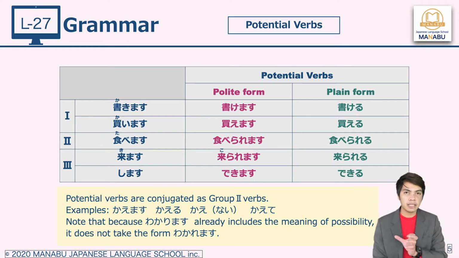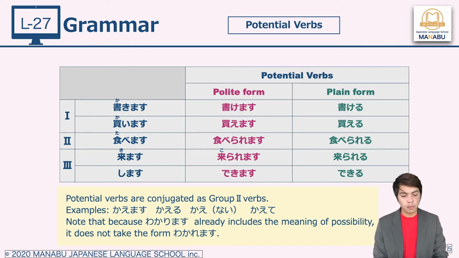So from ki, it will become ko. And for the verb shimasu, the shimasu will become dekimasu. Okay? From shimasu to dekimasu. And once again, dekimasu is a group 2 verb. So for the plain form, remove masu and add ru, dekiru.